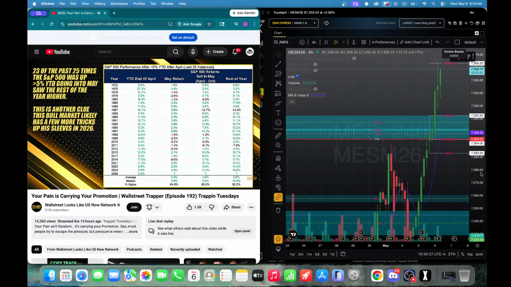23 of the last 25 times that S&P was up 5% or more going into May saw the rest of the year higher. Right? This is another clue that this bull market likely has a few more tricks up its sleeve in 2026.